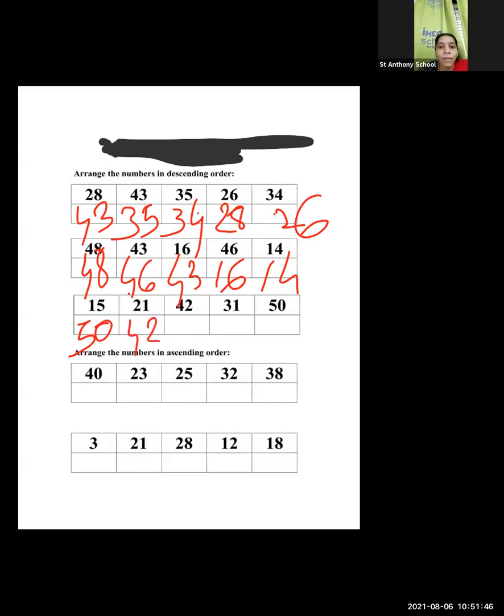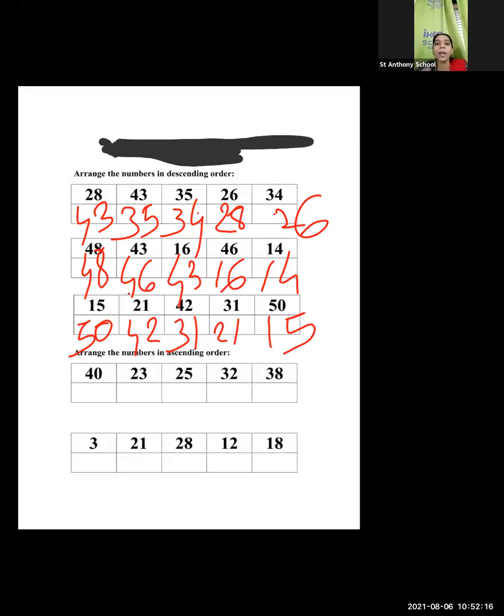Which is smaller than 42? 31. Very nice. And smaller than 31? 21. Smaller than 21? 15. Very good. So this way we come to know the descending order.